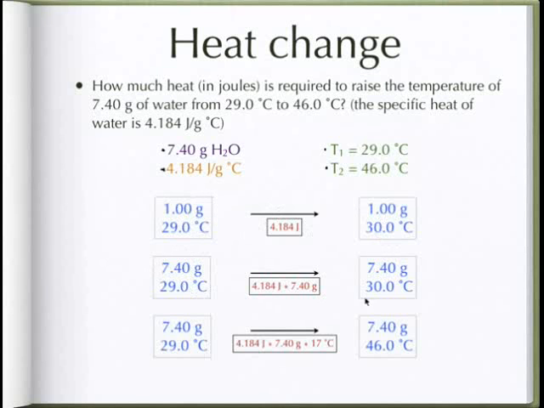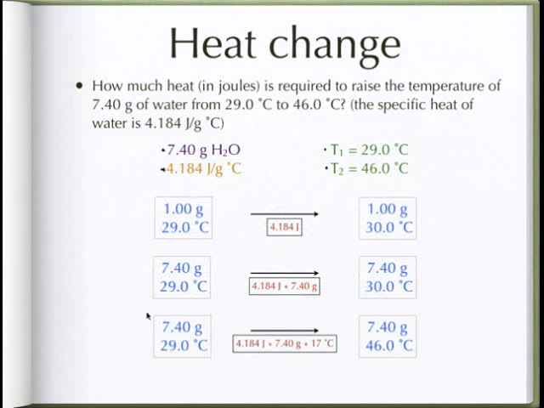We're still heating 1 degree, but we're now heating 7.40 times as much water. So we use 4.184 joules times 7.40 grams, which gives us the amount of energy it takes to heat this amount of water 1 degree Celsius.